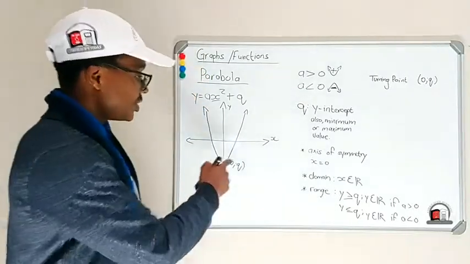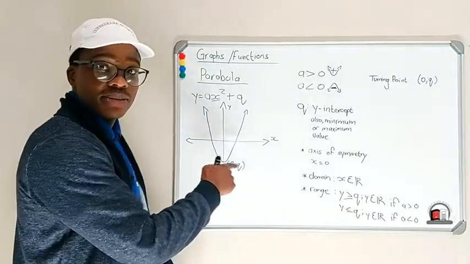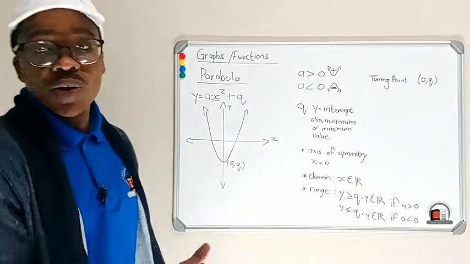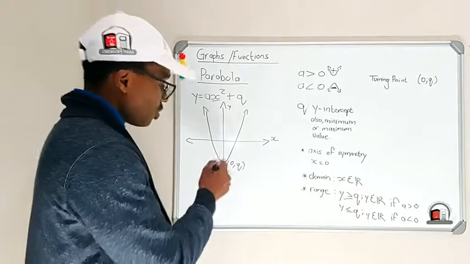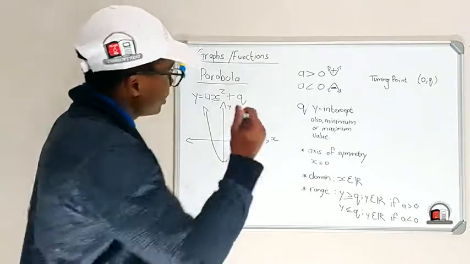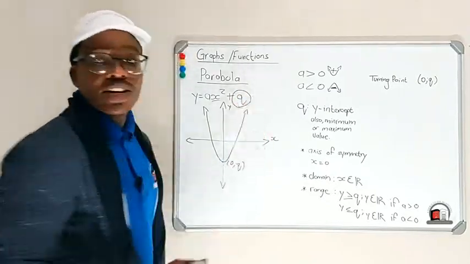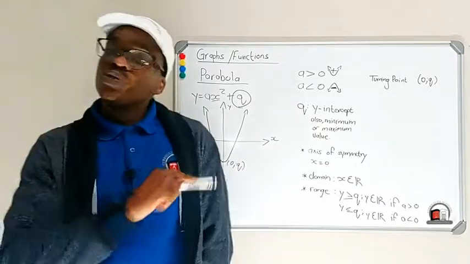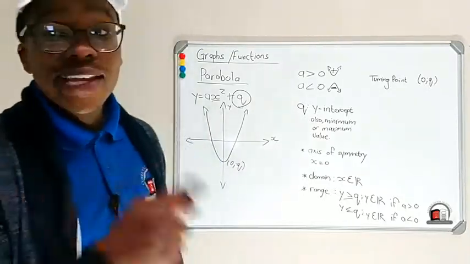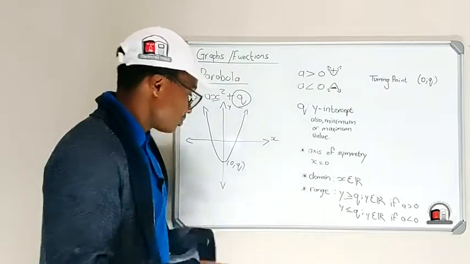Okay, do you see this here? There at the bottom, that's where your graph cuts your y-axis. Okay, and so if your graph cuts your y-axis there, it is that value there. Okay, and we know that if we are finding the y-intercept, we let x equal 0.